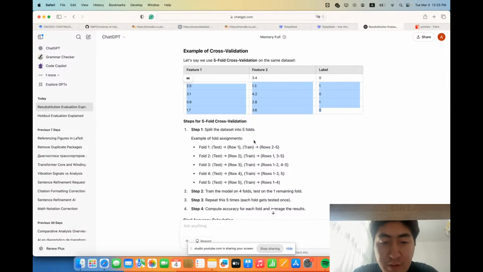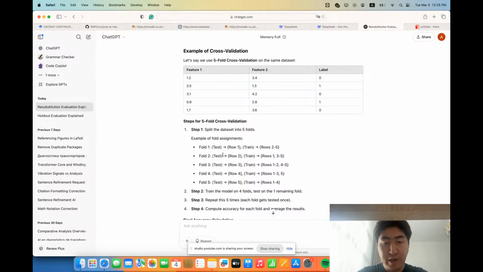The same thing I do for the second, in fold 2, I say row 2 will be a test, and the rows from 3 to 5 will be the train. In fold 3, I say that row 3 will be my test, and from 1 to 2 and from 4 to 5 will be my train, right?